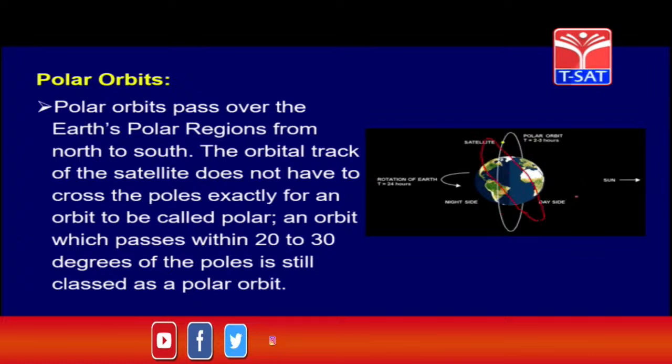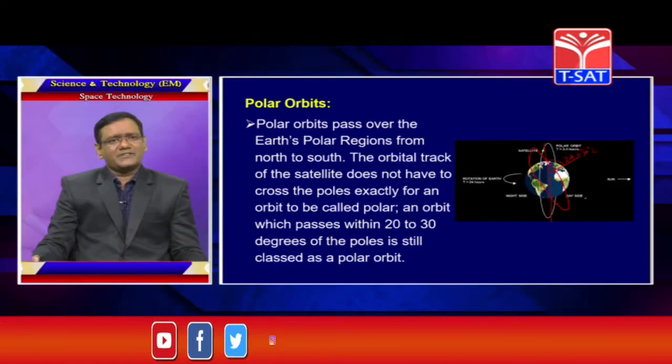Any orbit which passes within 20 to 30 degrees is called a polar orbit.